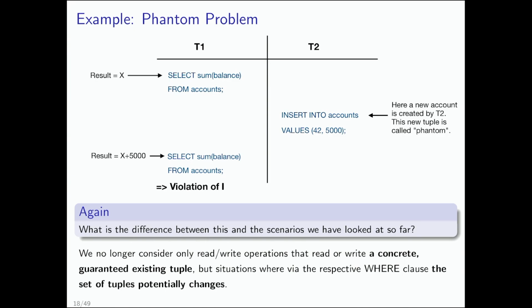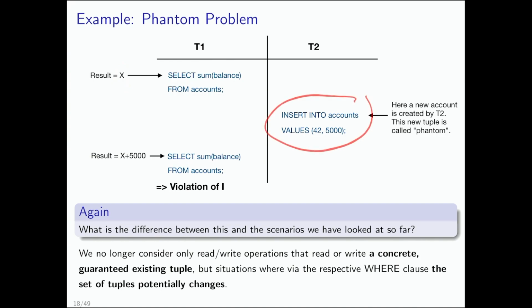So that's the phantom problem. Here we have a transaction selecting the sum of the balance over all accounts, so what's the money that's in the bank, and that returns a certain value X. That is what one transaction is doing. Now concurrently, T2 is inserting a new account.